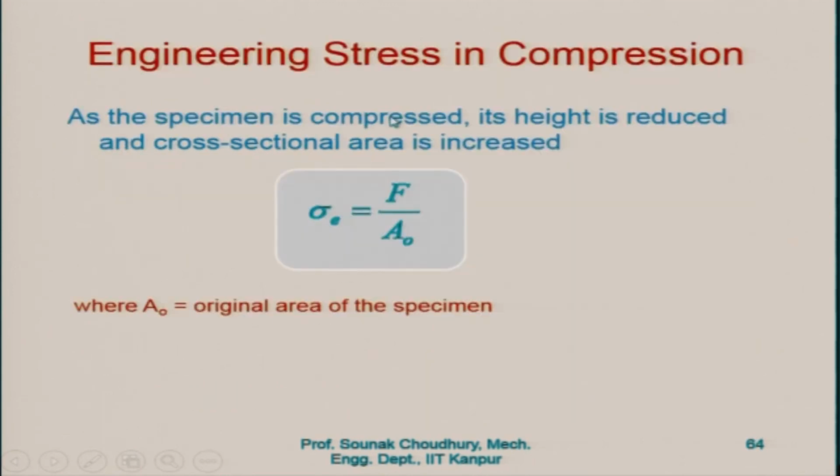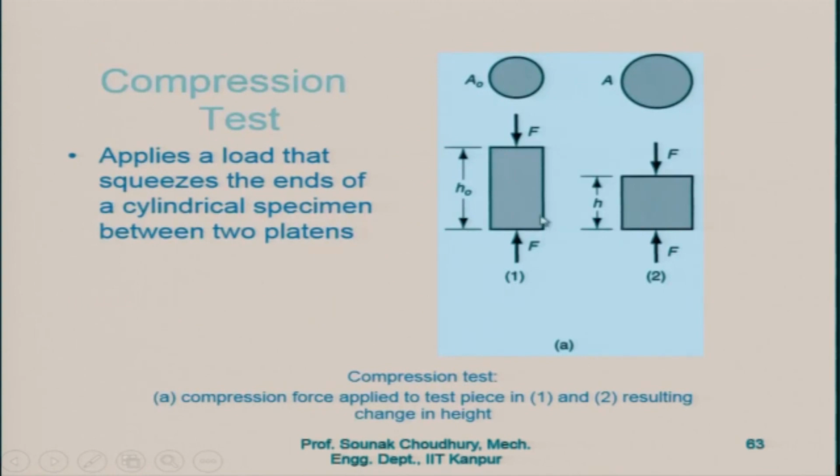Engineering stress in compression. As the specimen is compressed, its height is reduced and its cross sectional area is increased. Then the engineering stress will be F divided by A0, where A0 is the original area of the specimen. Here it is still the original area.